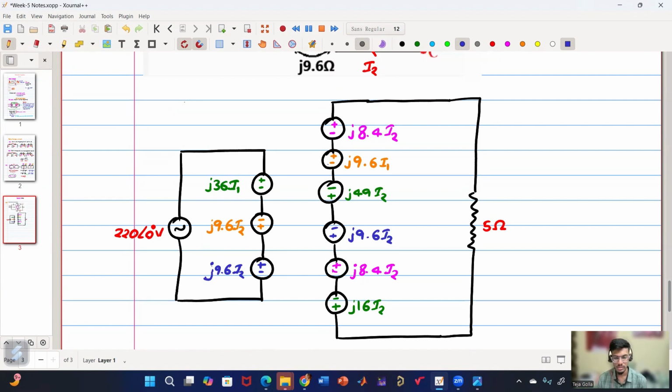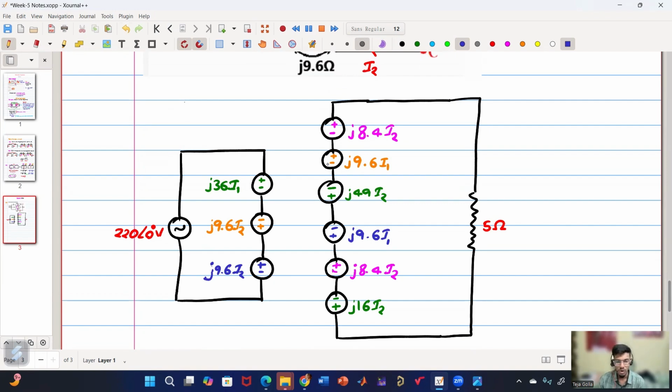Clear until this, or any queries? Sorry, this should be J 9.6 I1. This is I1, right? Because of coil 1. Clear or any queries?